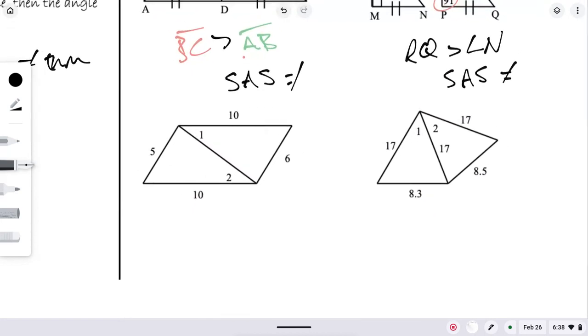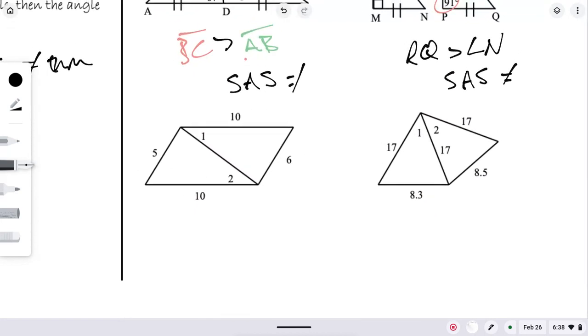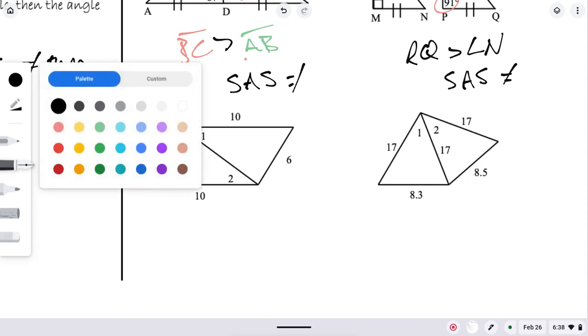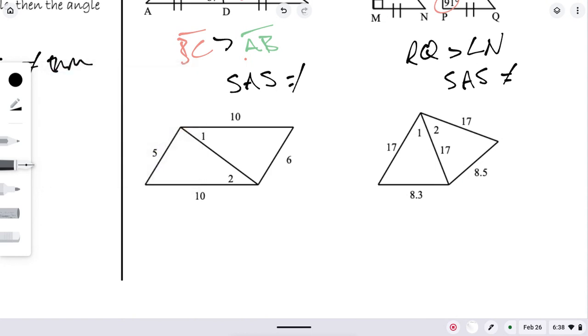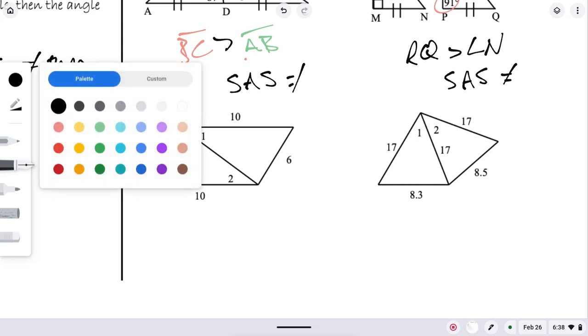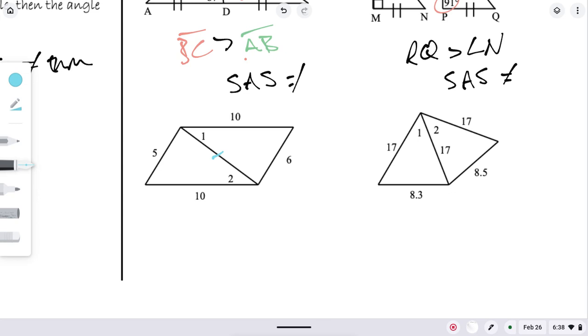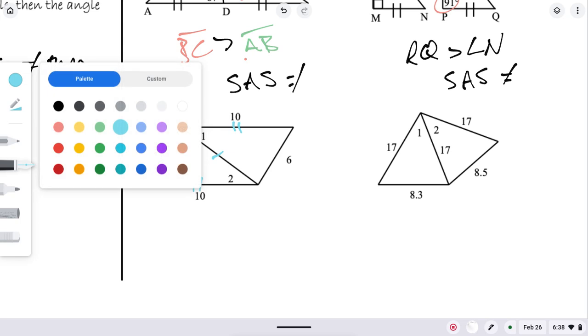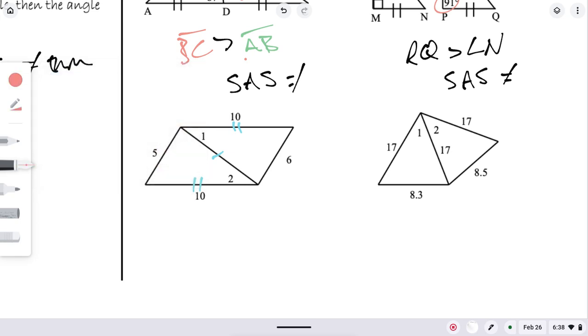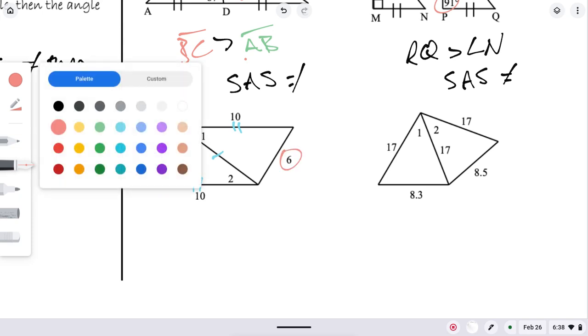Anytime you want to pause to practice, if you want to see if you can figure the next one out first, go for it. But when I'm looking at this next one here, I have to remember again to use my reflexive side. So I have that side and I have the 10s that are congruent. So what I'm really worried about are angles 1 and 2 and these sides 5 and 6. So I'm going to look at 6 bigger than 5.